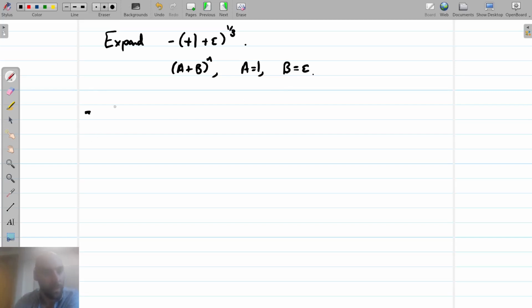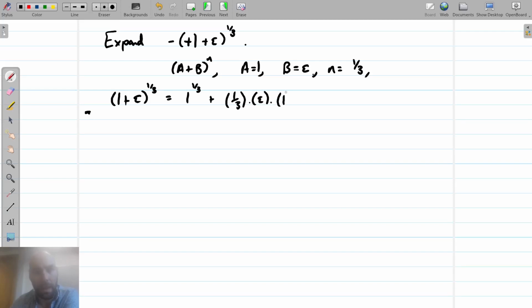I should also say what n is. n in our case is 1/3, our power. So this ends up being equal to a to the n, so that's 1 to the third, plus n, so that's a third, times b, which is epsilon, times a to the n minus 1, so a third minus 1, plus dot dot dot. I don't care about this because I only need the first two terms.